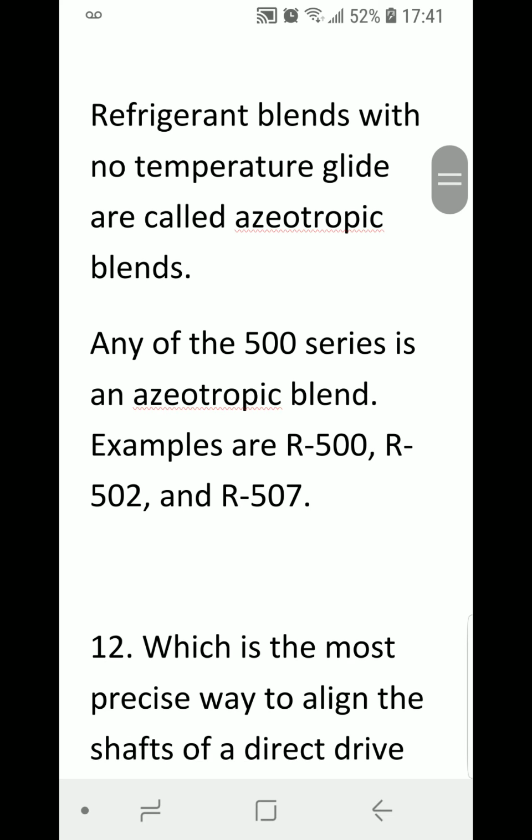Explanation. Refrigerant blends with no temperature glide are called azeotropic blends. Any of the 500 series refrigerants is an azeotropic blend. Examples are R500, R502, and R507.